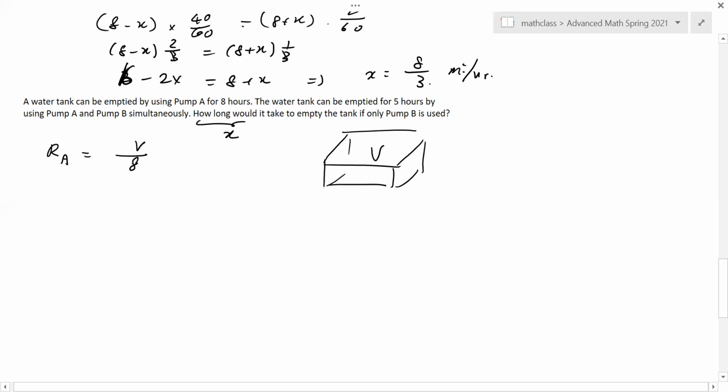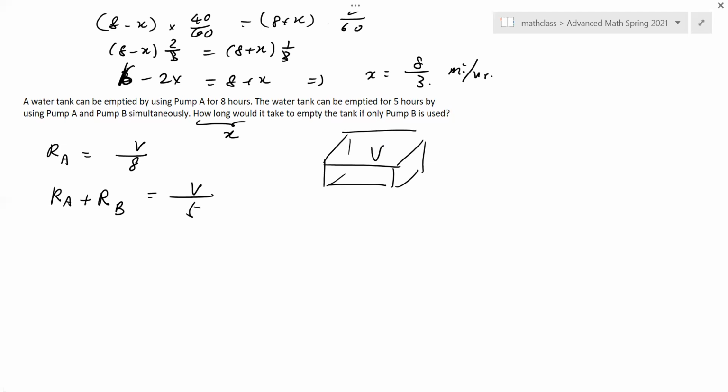Now, I don't know the rate of pump B, and the sum of those two rates can also be calculated as V over 5, because it takes both of them to empty the tank within 5 hours.